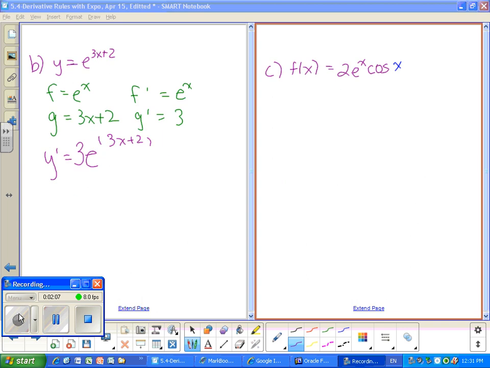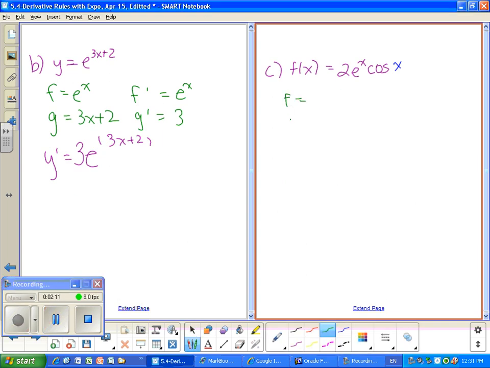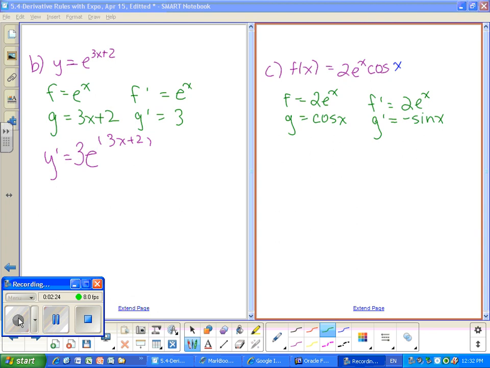With it being a product rule, you still say your first function, your second function. What's your first function here? 2 e to the x, good. Your second function is cos x, and just find your derivatives as usual. So now let's substitute them in.